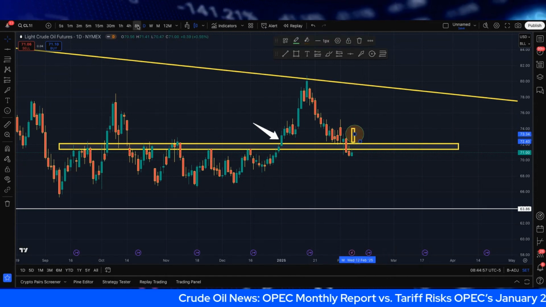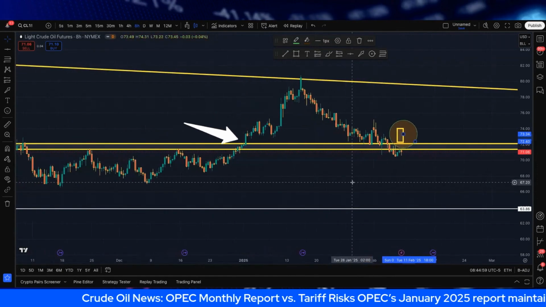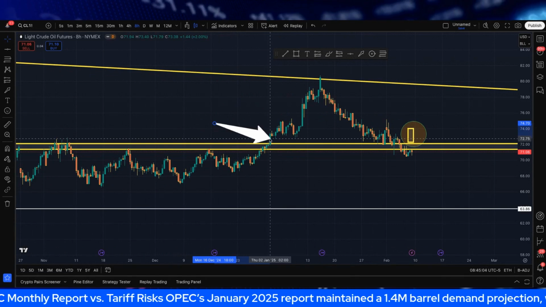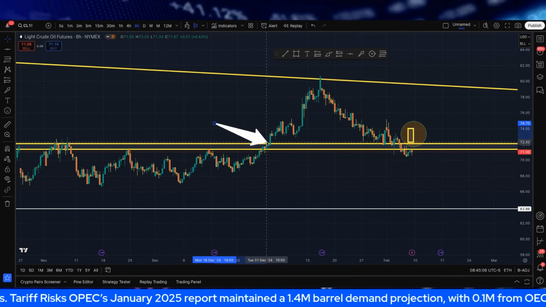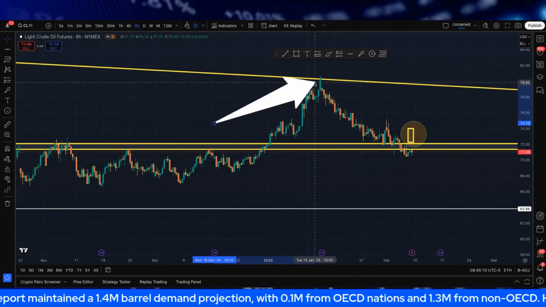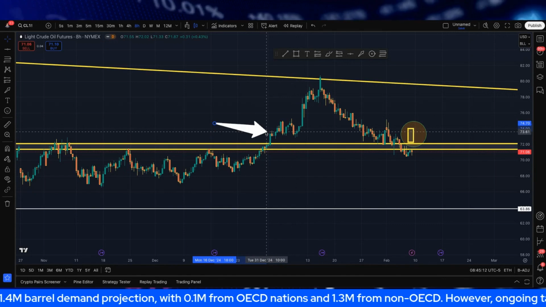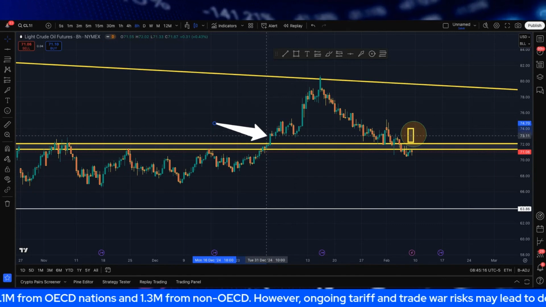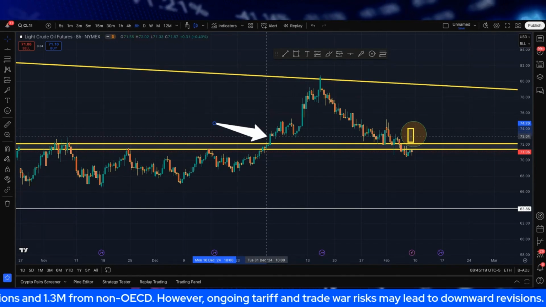Just to give you an area to look for, here is your candle. You need a bullish engulfing candle like this one to close above on the 8-hour, to then do its thing and eventually go to the top side, if that's going to happen. So again, do not go long above 72 unless you see that.